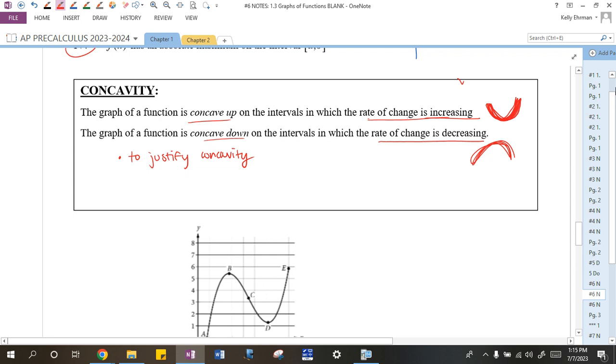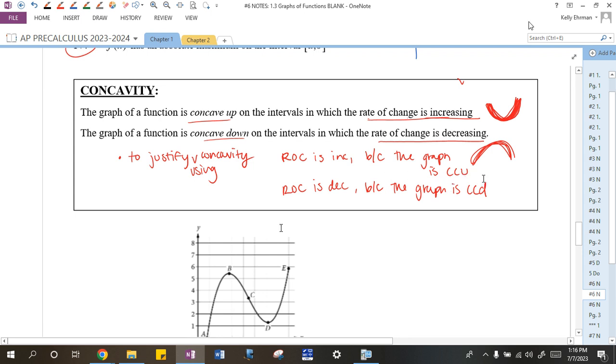The rate of change is increasing because the graph is concave up. Or the rate of change is decreasing because the graph is concave down.